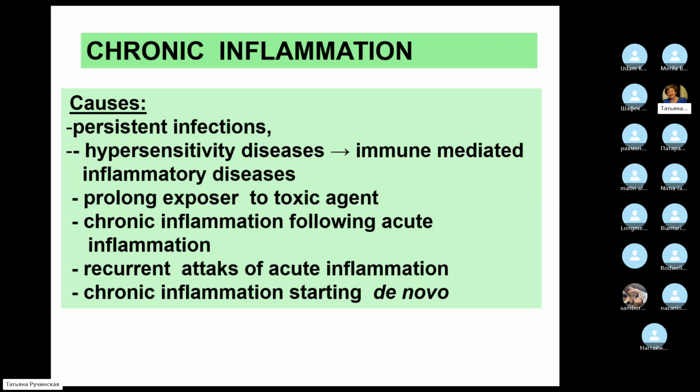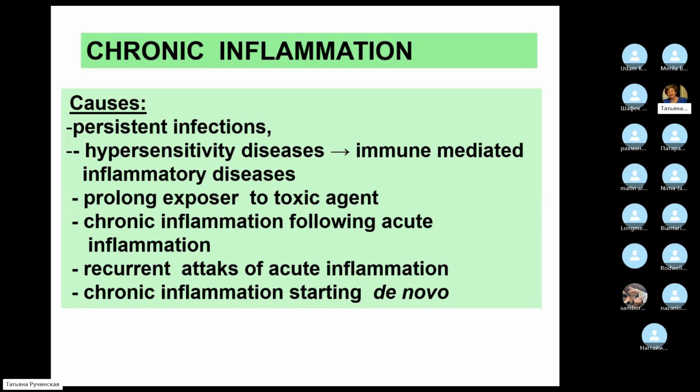Chronic inflammation may appear if there is a defect of macrophages. Defect of macrophages, named incomplete phagocytosis. You see, when it will be.